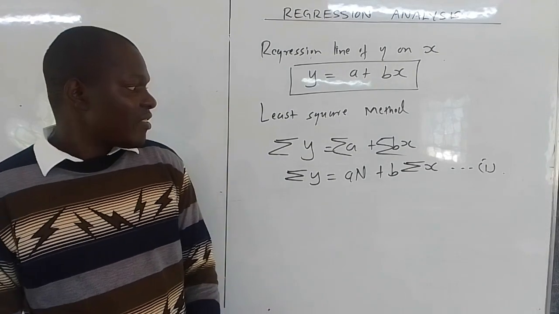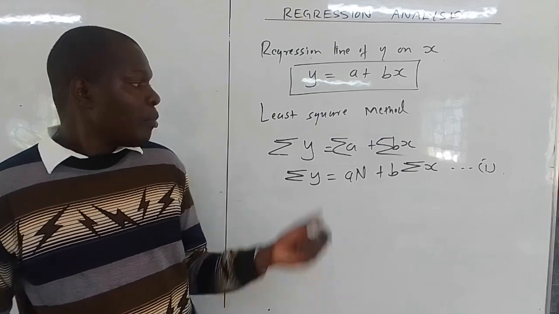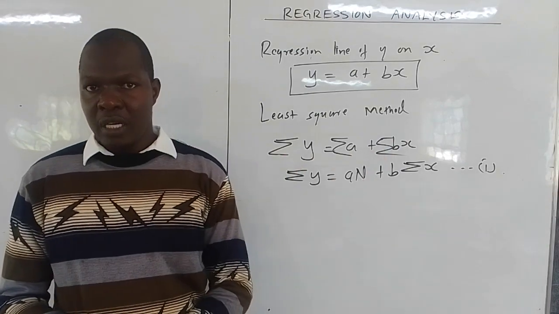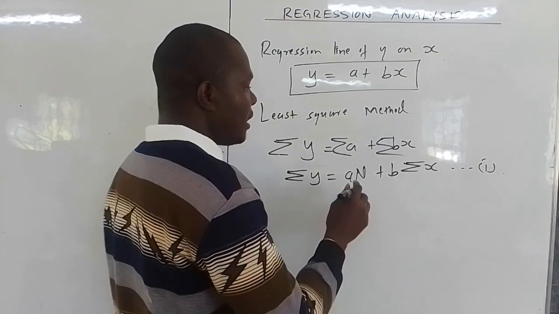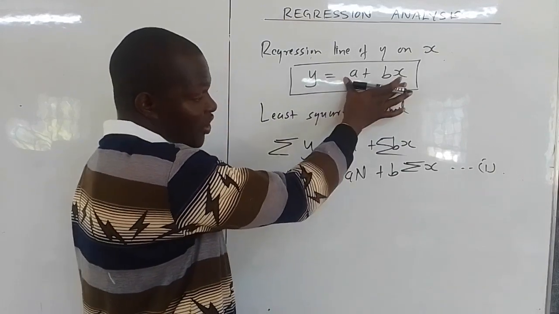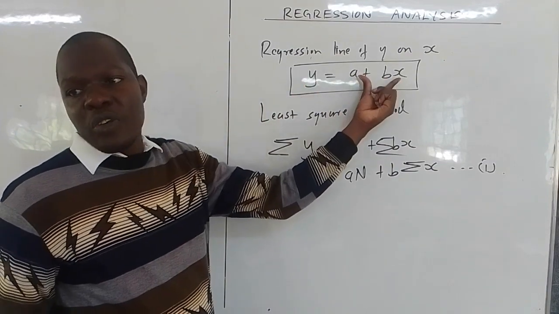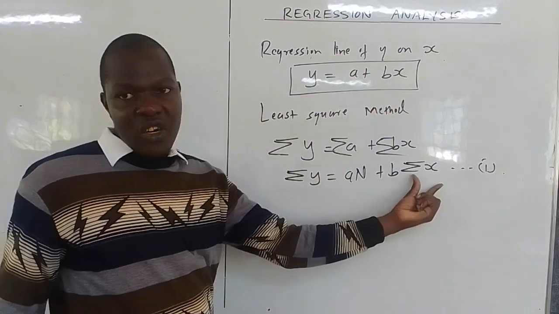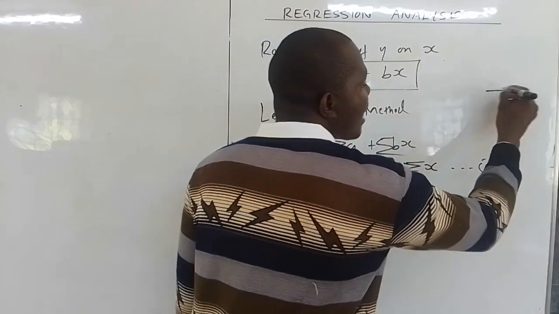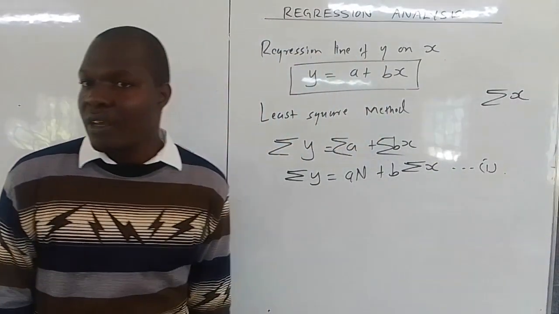So that is the case when we multiply both sides by summation. Now the next one, remember this is the equation. For the next one, we just multiply both sides of this equation by summation x. Are we together?